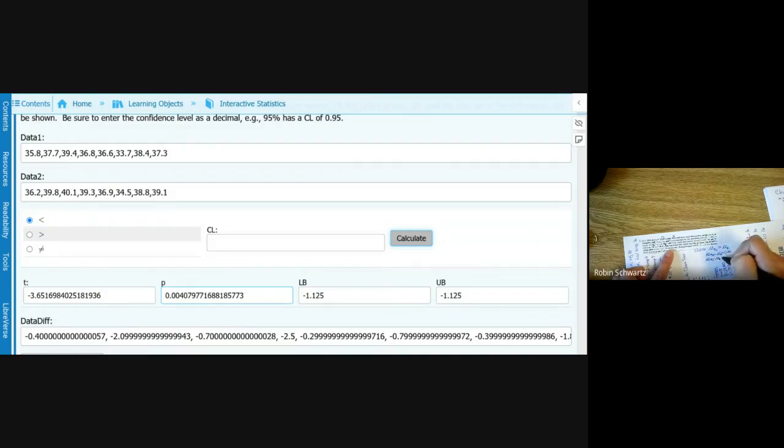The Ha would be not equal to 0. And now, because this is proportions, the key word in there, the proportion. Ooh, I have the wrong symbol. Bad P's. These should be P's, not means. P's, all bad. Minus 1 for me.